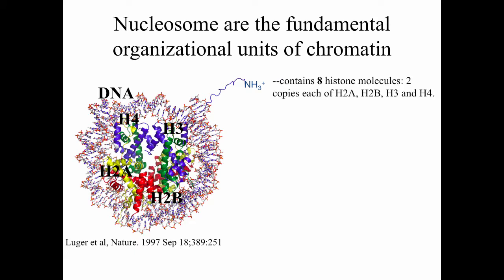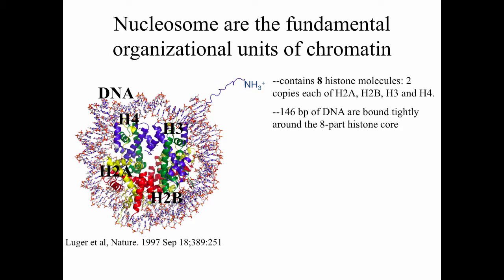What the structure shows is that the nucleosome contains these proteins called histones. There are 8 histone molecules: 2 copies of each of the histone isoforms H2A, which is yellow, H2B, red, H4, green, and H3, blue.